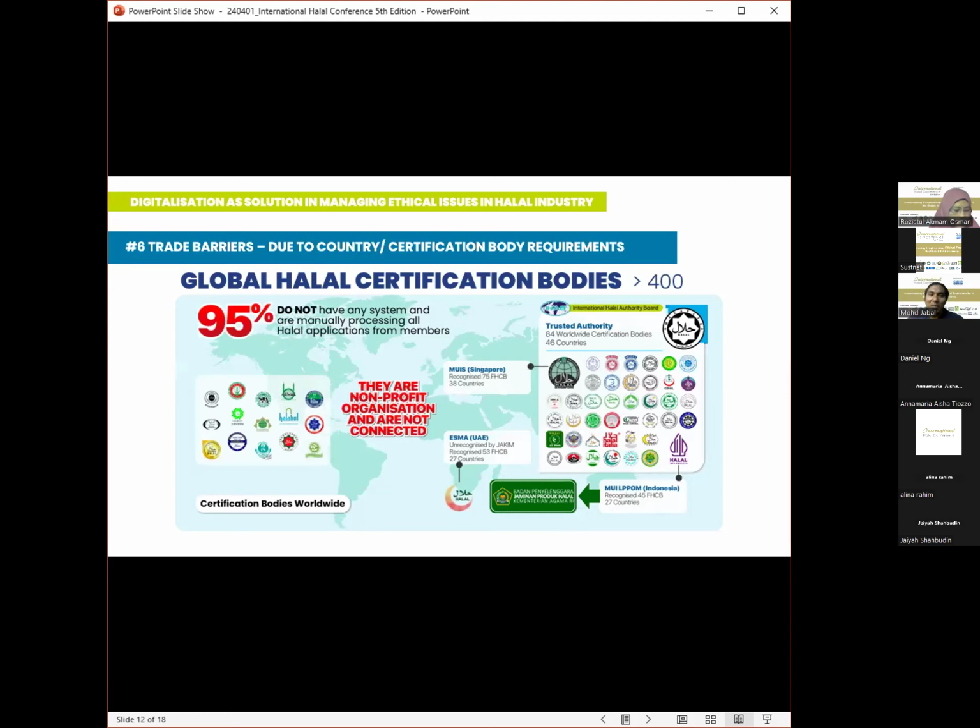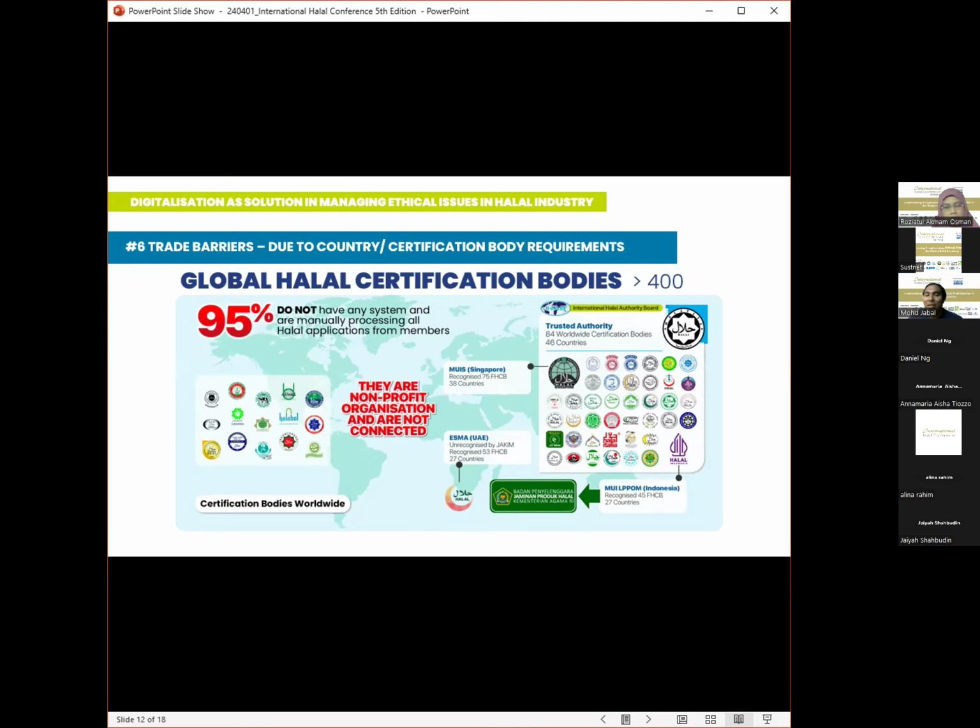But 90% of them do not have any system and manually process all halal applications from members. What does it mean? It means they don't manage their data or information properly.